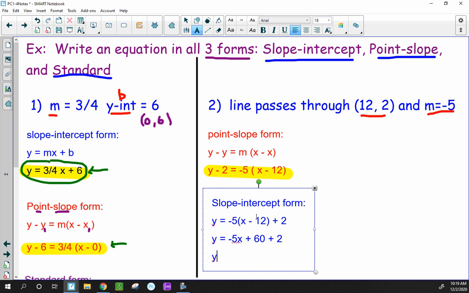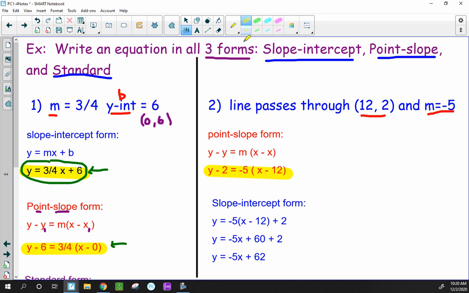And then last, I'm going to put my constants together, 60 plus 2, and call it 62. So if you start with point slope, you can just take the answer for point slope and transform it into slope intercept. So let's go ahead and highlight that one.